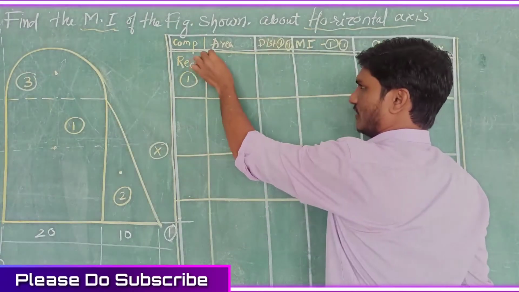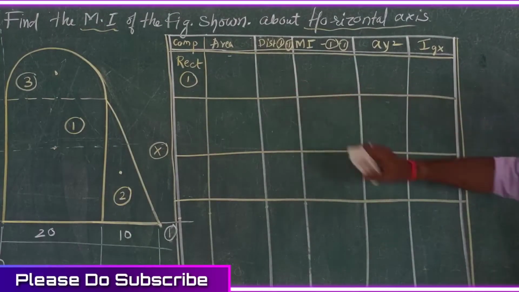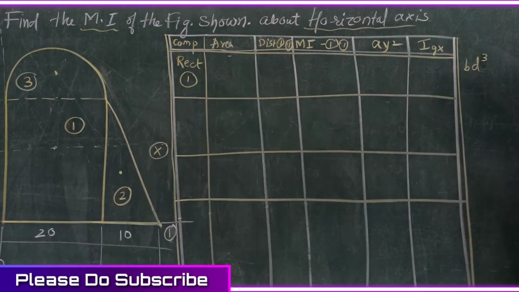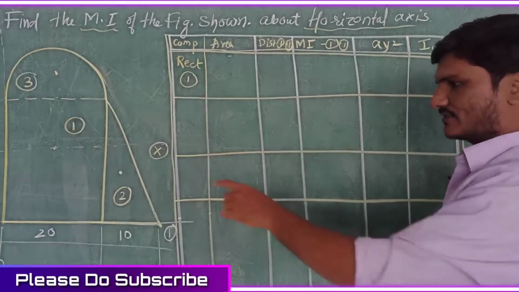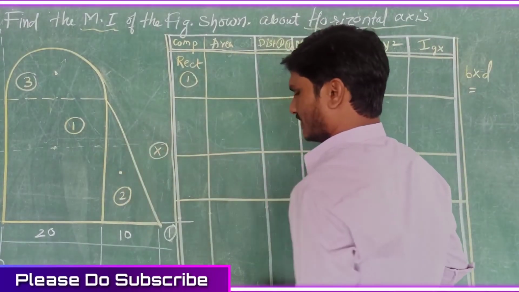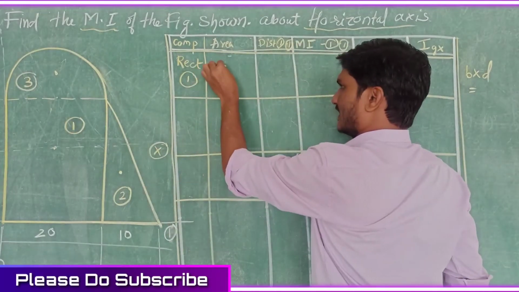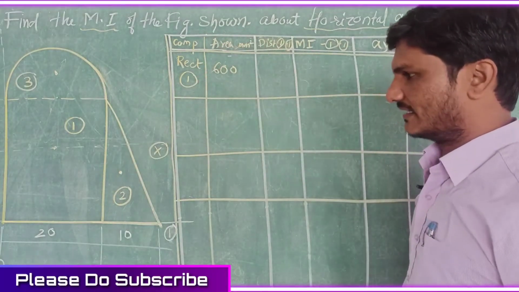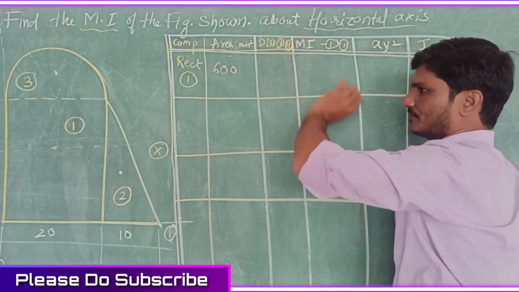The equation for moment of inertia is B D cube by 12, and the area of the rectangle is just B into D. Now B is 20 and D is 30, so B into D is 600 millimeter square. Area of the rectangle is 600 millimeter square, 20 into 30.